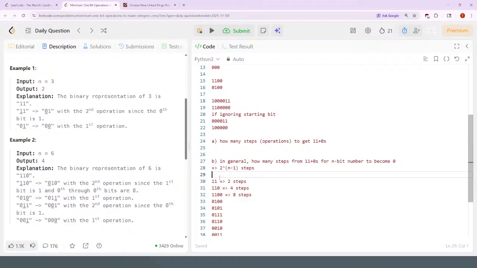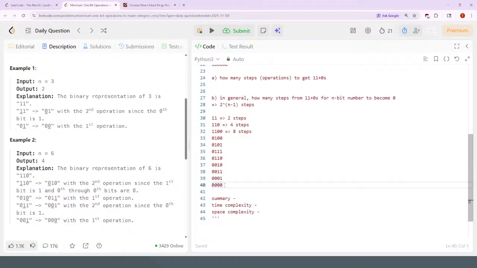So from 0 0 0 1 1 1. It's not quite binary counting, but it's oh so similar.